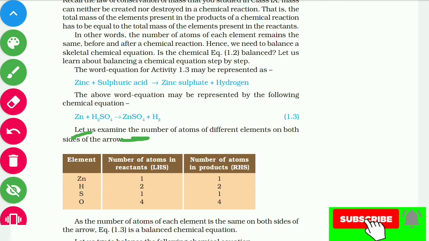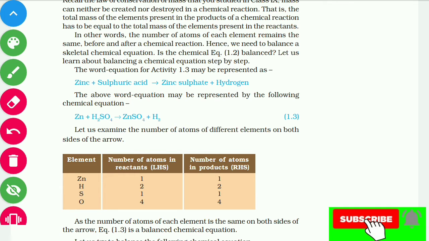Look at the elements at the bottom. Which are the elements? Zinc, hydrogen, sulfur, and oxygen. Zinc on both sides is the same, 1. Hydrogen is H2, the same on both sides. SO4 is the same. This means that this is a balanced chemical equation.